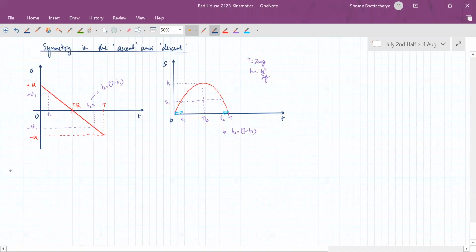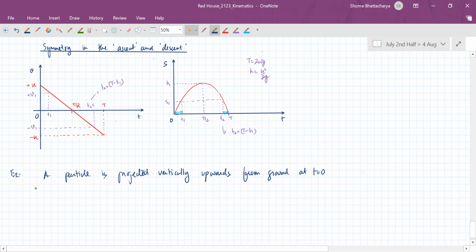Okay. So next example, a particle is projected vertically upwards from the ground at t equal to 0 with velocity say u. g is equal to 10 meters per second square.